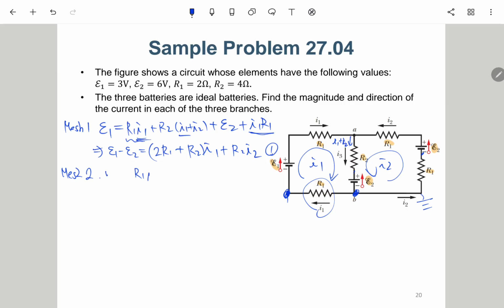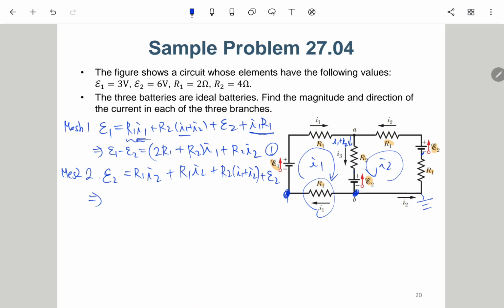We put it on the other side, and then this is going up, so we put it on the left side. For this one, I2 R2, plus I2 R1. It should be I2 R1 for this resistor. And then for this one, plus R2 times I1 plus I2. And then here going down, so plus E2.